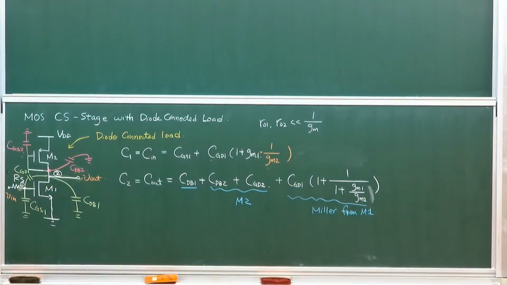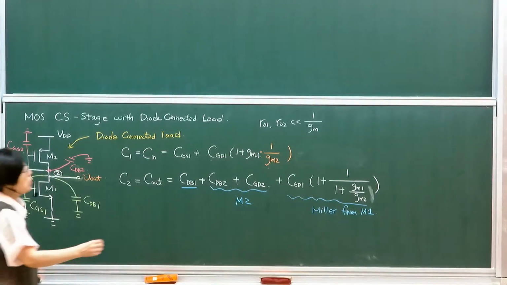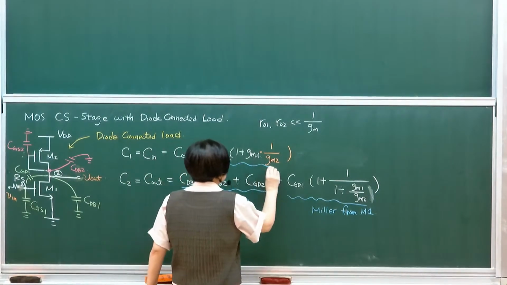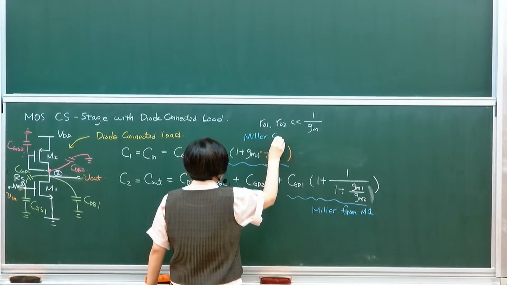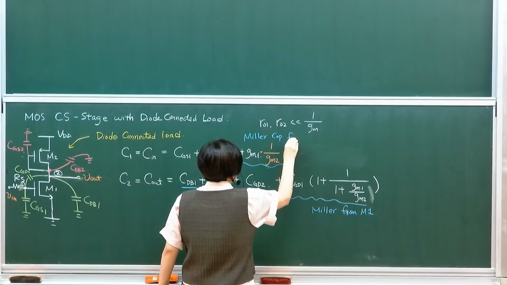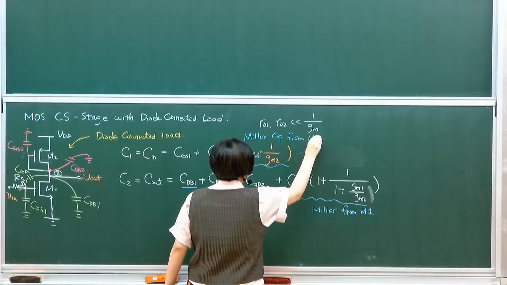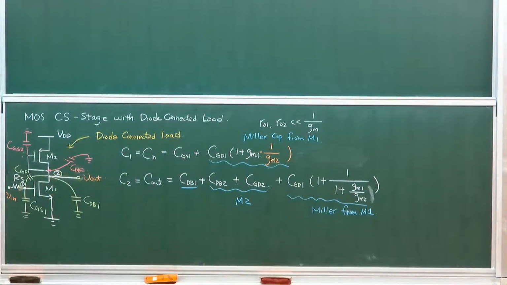And this is also Miller at the input terminal, Miller cap from M1. So you should be able to get these capacitances, and then your poles should follow these rules.